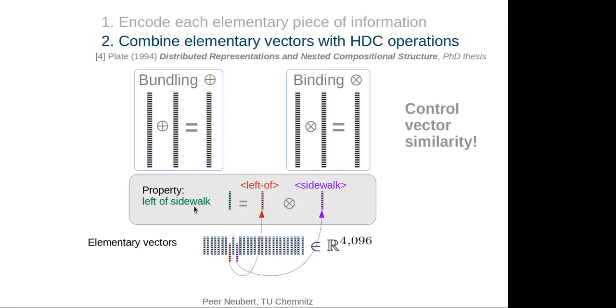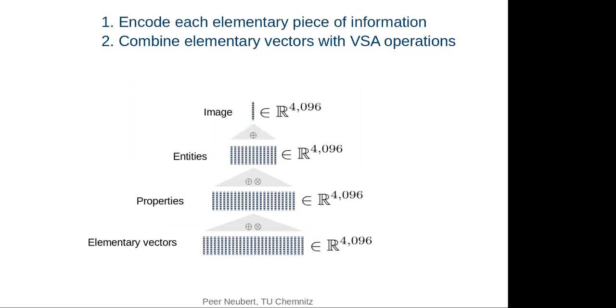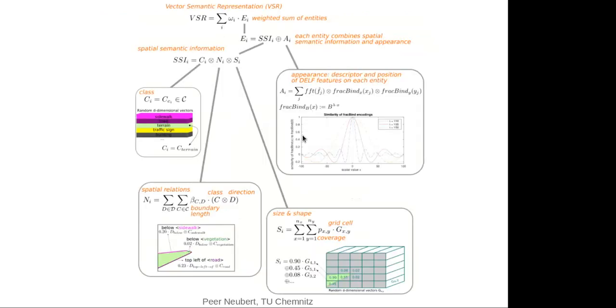So we use those vectors to encode properties, then use those operations to encode all the properties of all the entities, and finally compute a single descriptor for the whole image just based on a weighted bundle of all those entity vectors. So this is this kind of simple compute graph. We have at the very top our final descriptor vector, which is this weighted sum of entities.